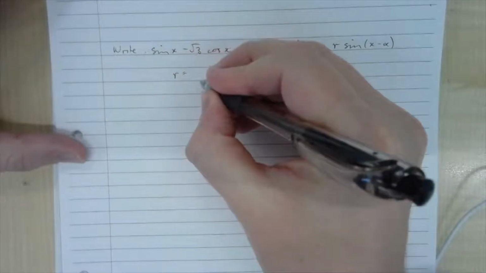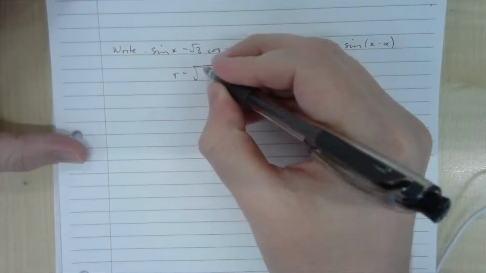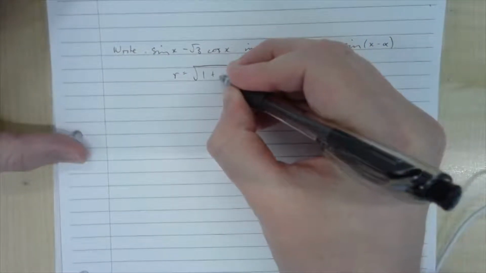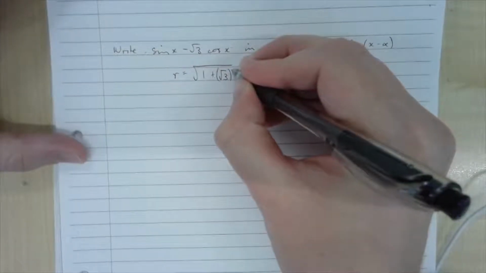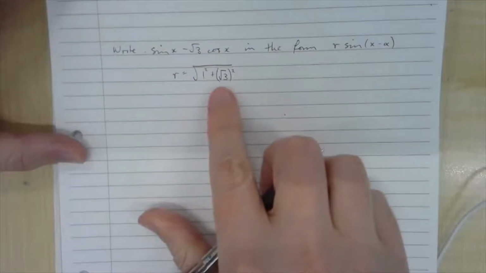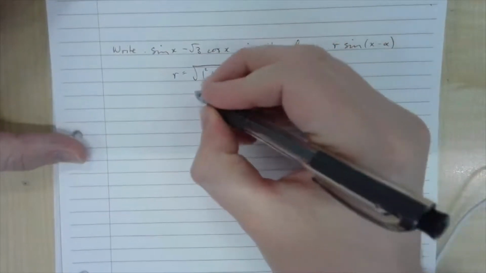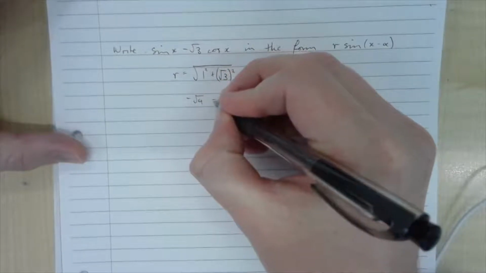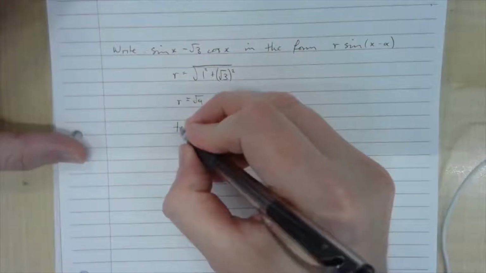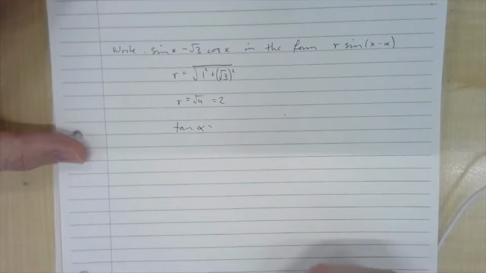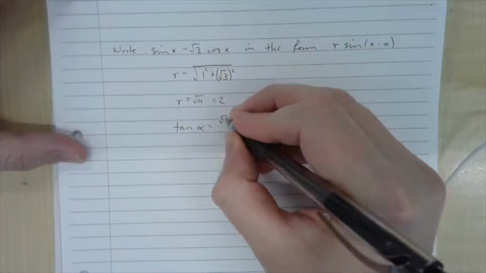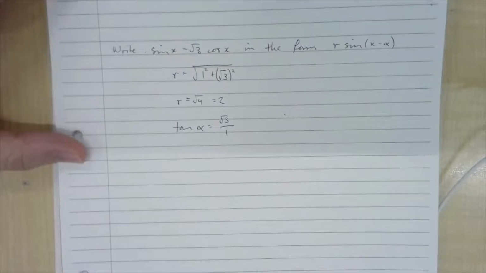So r is the square root of, coefficient of sine is 1, coefficient of cosine's root 3, but I know it's going to get squared, so I don't really care about it being negative. 1 squared is 1, root 3 squared is 3, so this is root 4, which is 2.